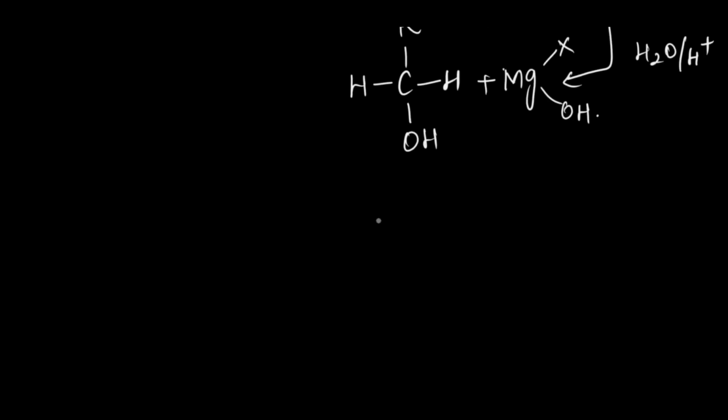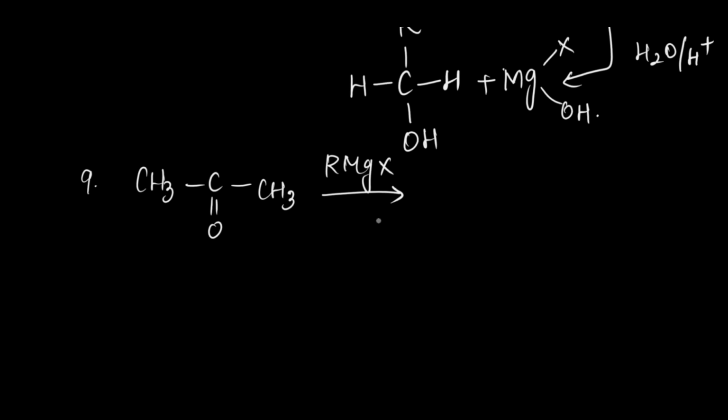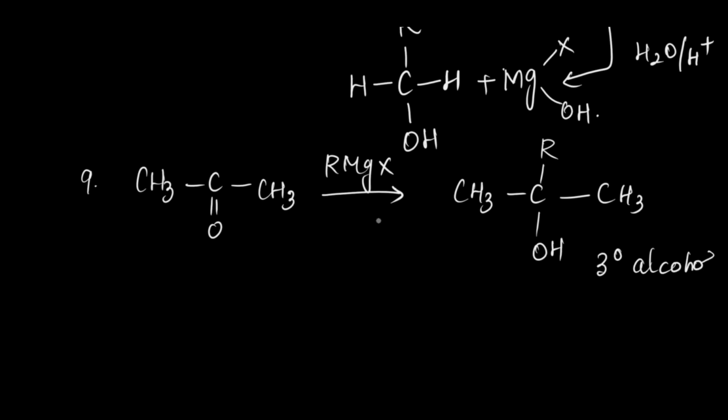Again, if I am treating it with ketone, quite obviously, let me take acetone. What will that produce? With Grignard reagent, the R group will get attached to the carbon, and then it becomes OH and CH3, which is a tertiary alcohol. Correct?